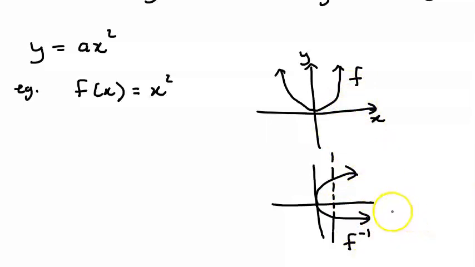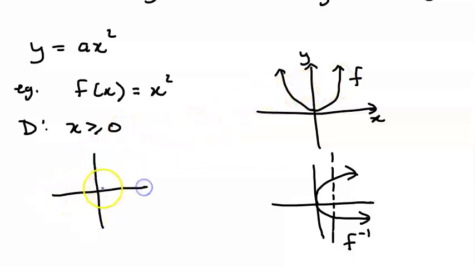So let's look at how we can do that very quickly. Let's say that we have this particular function, f, but let's now restrict the domain as follows. Let's say that the domain D will be x greater than or equal to 0. So if x is greater than or equal to 0, the function now should look like this. So that is now f.